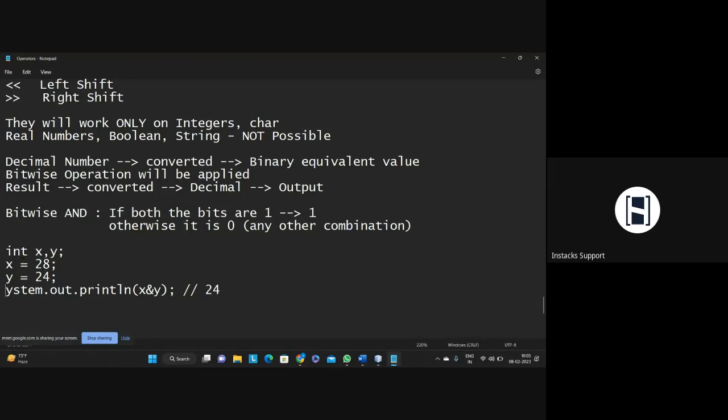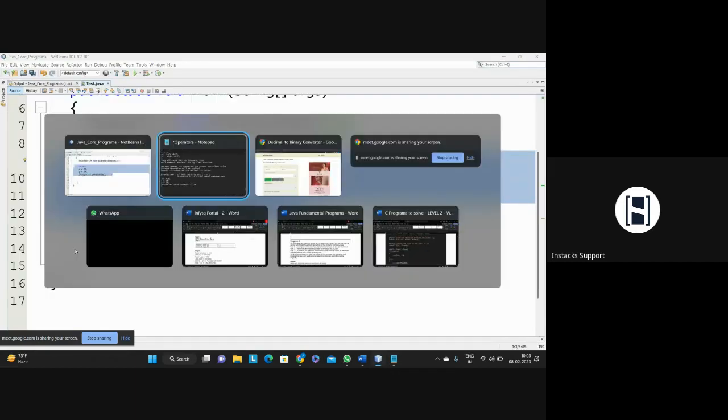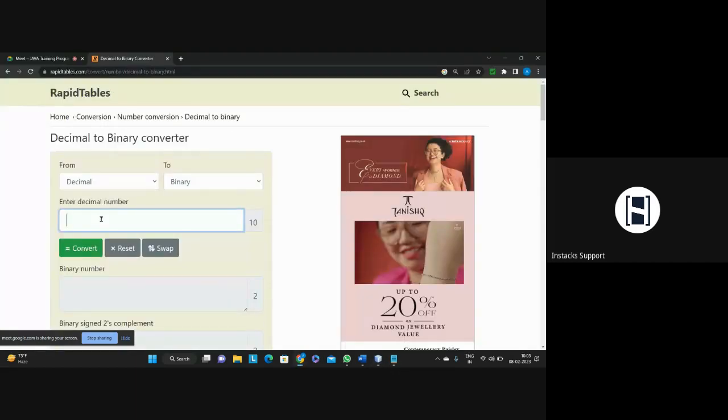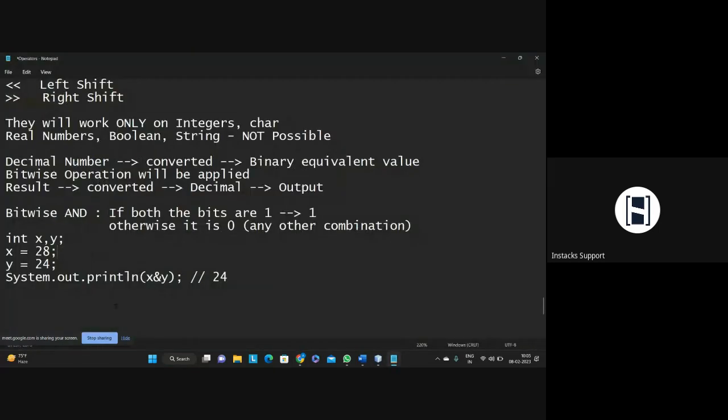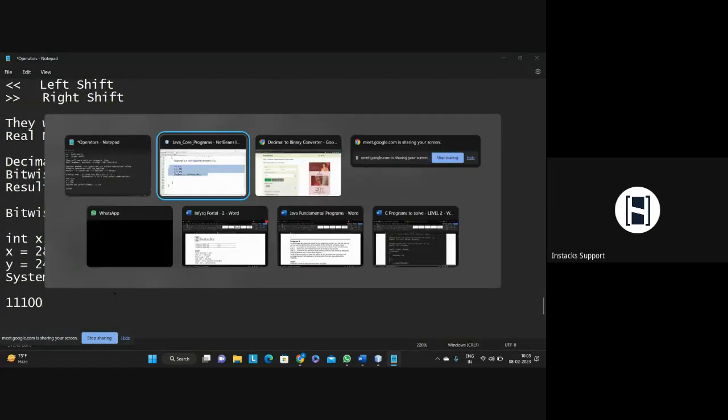So first thing we have to do, we have to convert this into a binary value. 28 into binary. So say 28. What is the binary value of 28? This is it. Okay, so the binary value of 28 is this. What is it for 24?